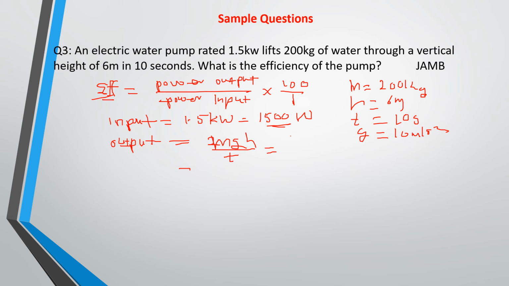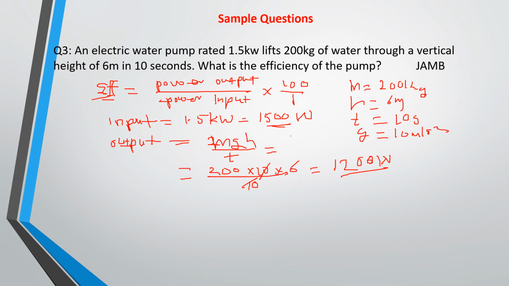So substitute that, you're going to have 20 times 10 times the height 60 all over the time, which is 10 seconds. So you can cancel this out, and your power output will now be equal to 1200 watts.